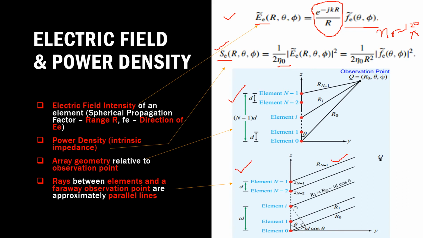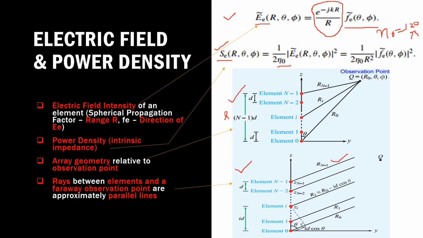So the interspacing between these two elements is identical, and the whole distance from the bottom element to the upper one is L, that is nothing but L minus 1 into d, and R changes if the far field approximation is not taken into account.